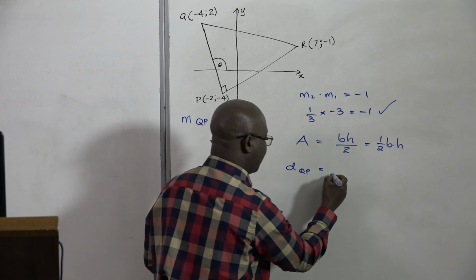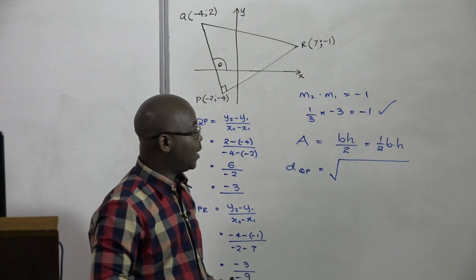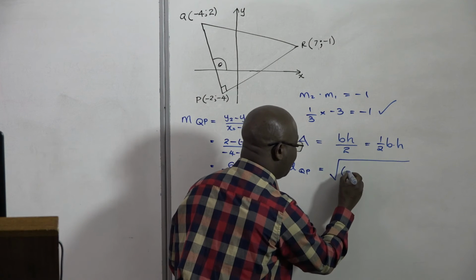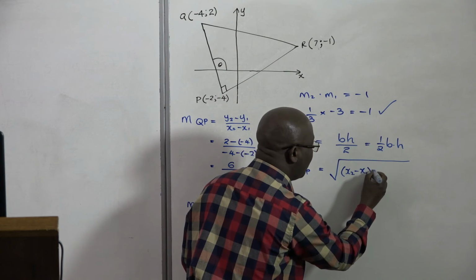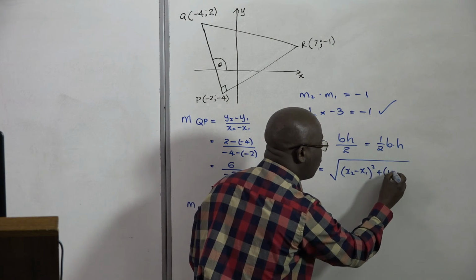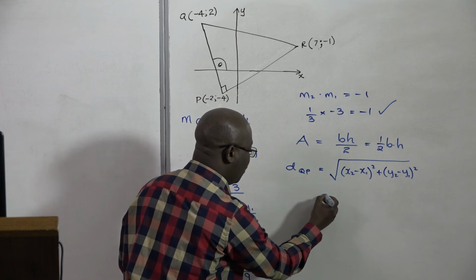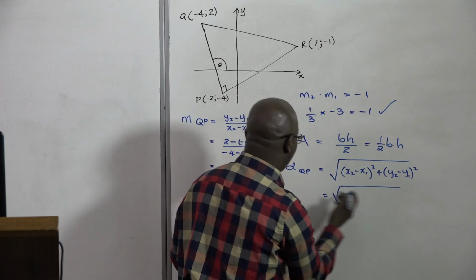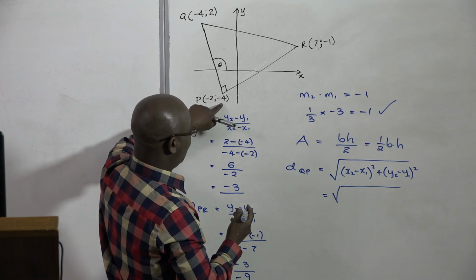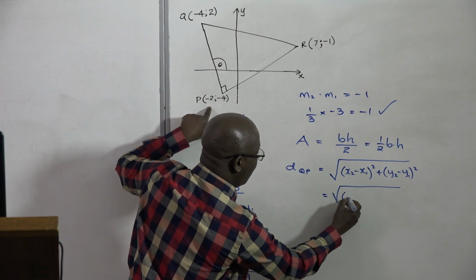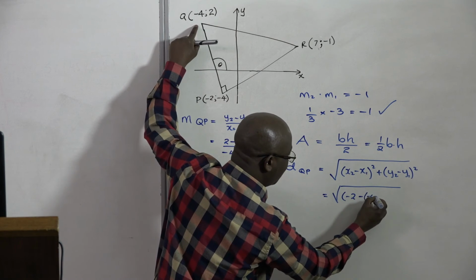And how do we do that? The distance formula, we talked about that when we talked about the pre-knowledge in our first lesson. It will be x2 minus x1 squared plus y2 minus y1 squared. If we look at the coordinates that we have for the line QP, we say these are the 1s and these are the 2s. So x2 is minus 2, and then minus x1, which is minus 4.